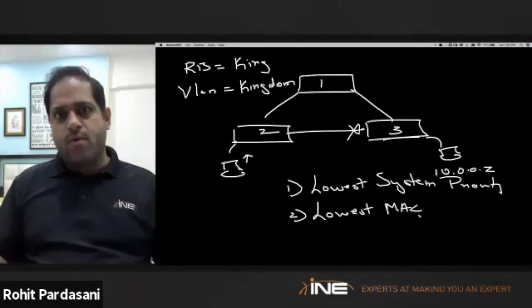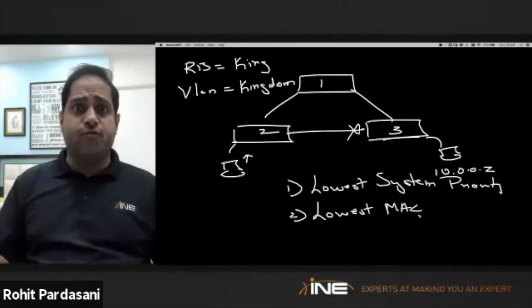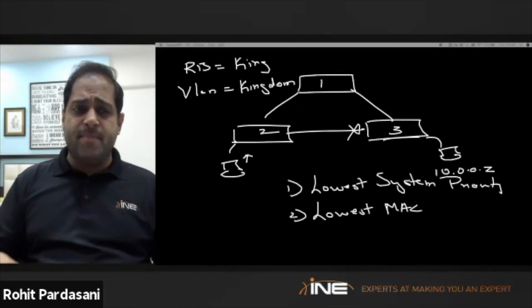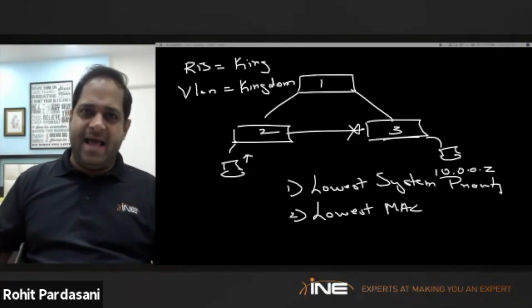So if the priority is the same, it would compare the MAC address. Obviously, the MAC address is going to be different. So since the MAC is going to be different, one switch gets elected as the root bridge.